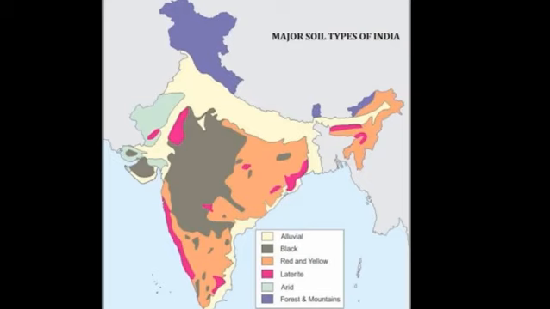Next, we are going to read about mountain soil. Mountain soil is rich in humus. What is humus? Humus is a dark brown or black substance which is made up of decayed plant or animal matter.